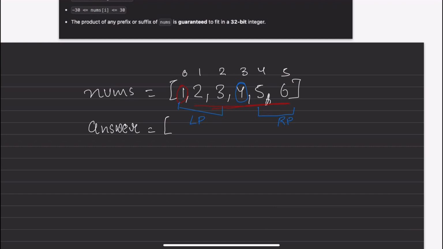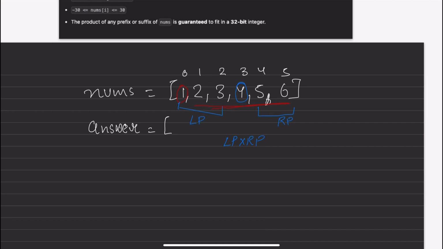I'll repeat myself. If I have the left product, that is the product of all the elements on the left side of index 3, and the product of all the elements on the right side of index 3, then I'll know what I have to do. Do you understand what we have to do? Yes, we have to multiply the left product and the right product and we'll get our answer.